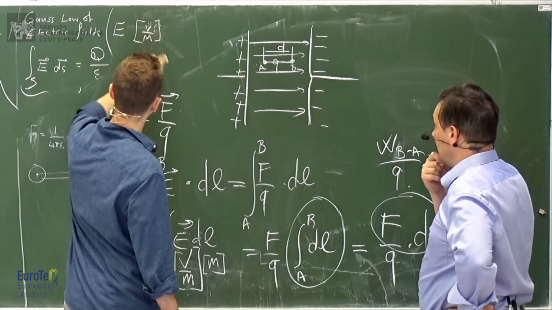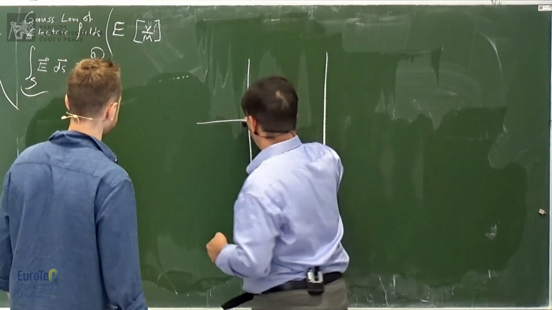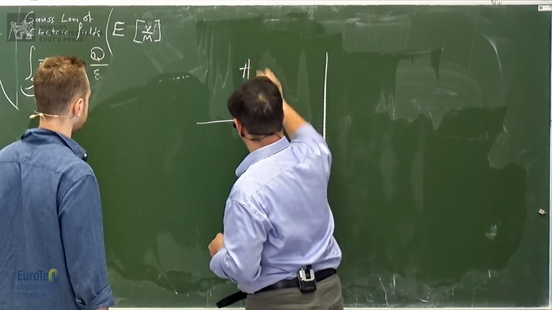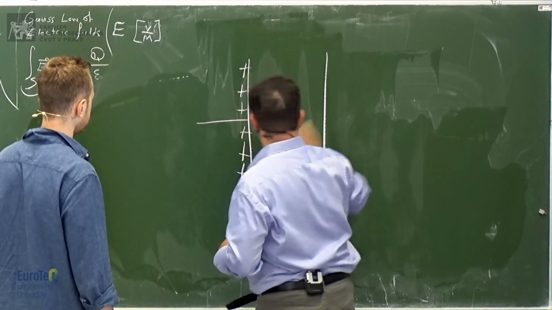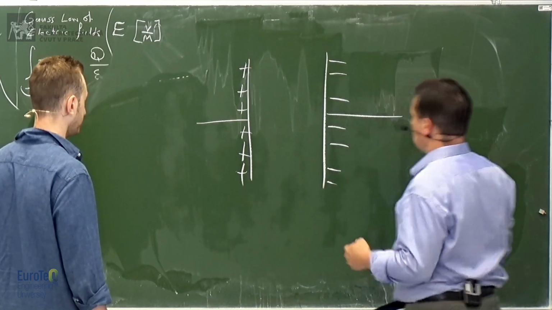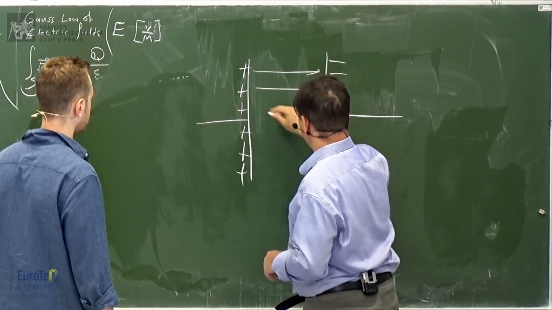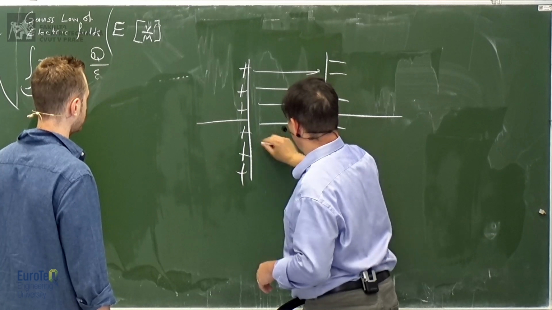And let's consider again a capacitor. Okay. Ideal capacitor, you have all your positive charges here, negative charges here, and you have a uniform field. The electric field inside is uniform.